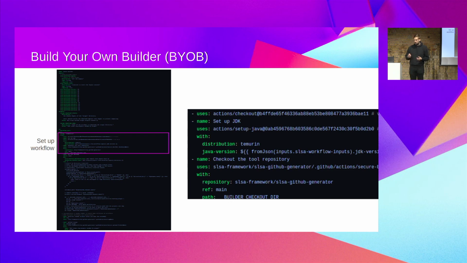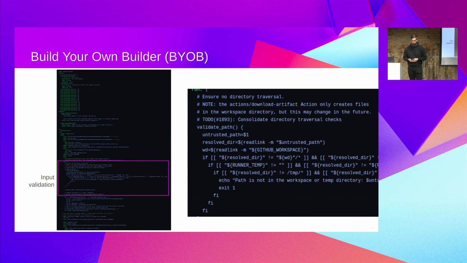I set up Java, I set the version, and check out the repository. And I have a couple of arguments down at the bottom: the source reference and the path to the directory that contains my Maven-based Java project.